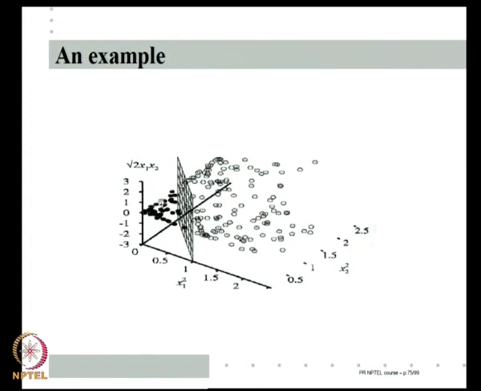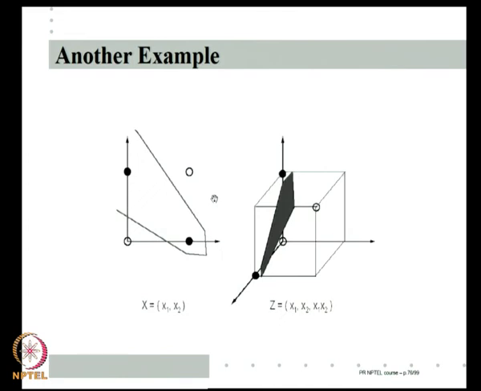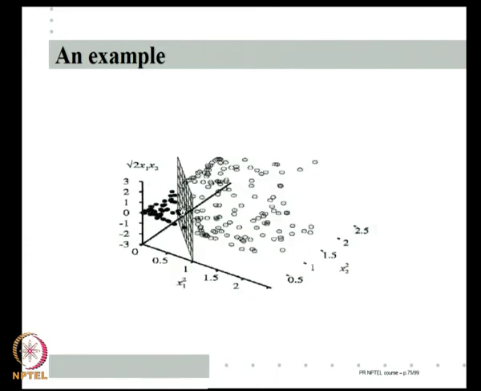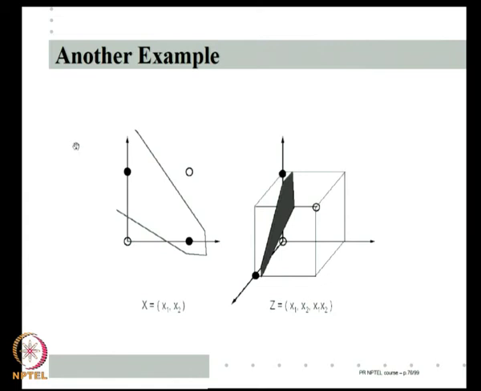So, a hyperplane can separate the classes now, whereas I needed a second order, quadratic discriminant function in the original space. Here is another example. If I have an XOR problem, to separate the two classes I need a nonlinear classifier; a single line cannot separate them. But I can always map them into a higher dimensional space, which is x1, x2, and x1 x2, and then in that space a hyperplane can separate them. Right, so that is the basic idea.